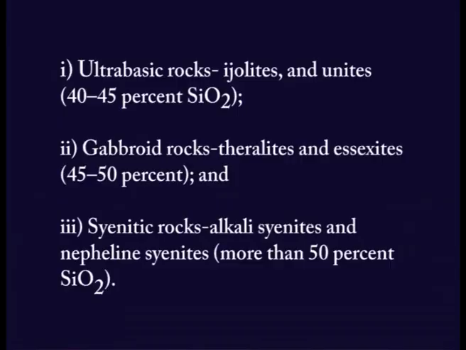Alkali rocks are divided into three groups according to silicon content: ultrabasic rocks, ijolites and urtites, that is 40 to 45% of silica; gabbroid rocks, theralites and essexites, 45 to 50%; and syenitic rocks, alkali syenites and nepheline syenites, more than 50% of silica.